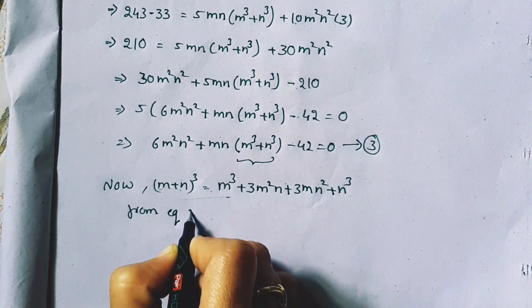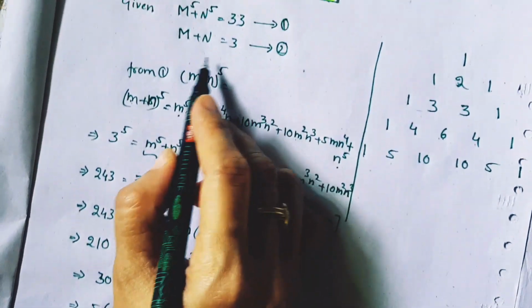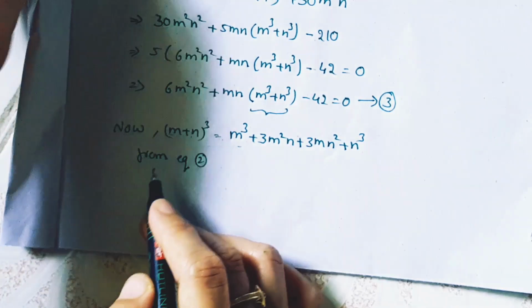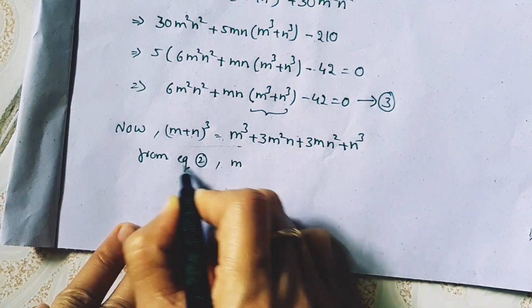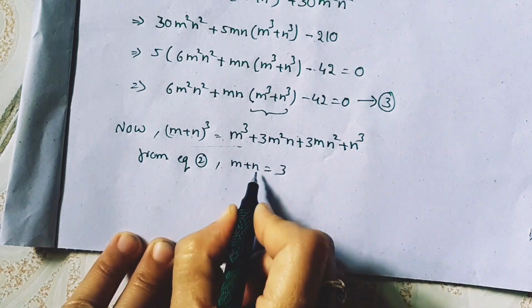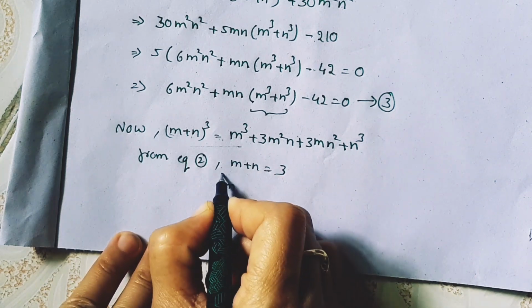From equation 2, which is m plus n equal to 3, we are going to expand this step. What is equation 2? M plus n equal to 3. Therefore, we are just cubing on both sides.